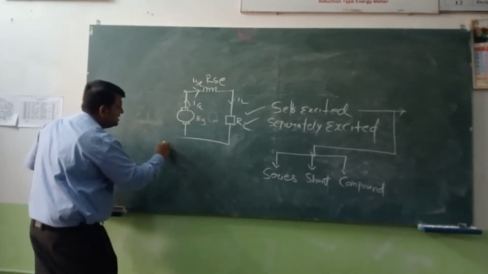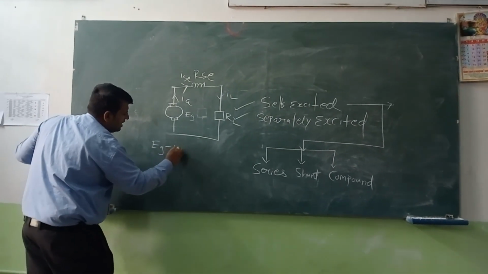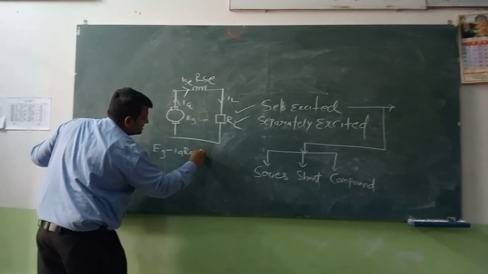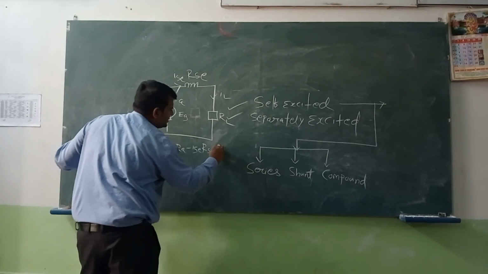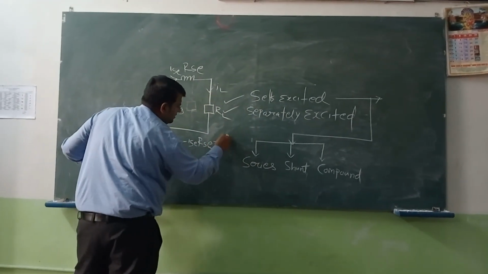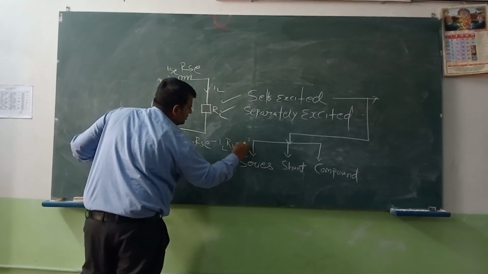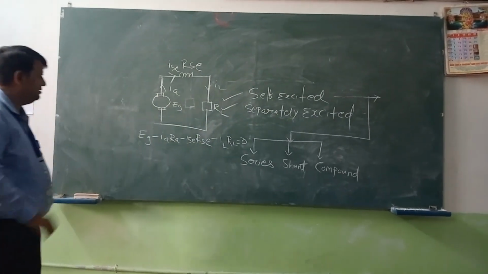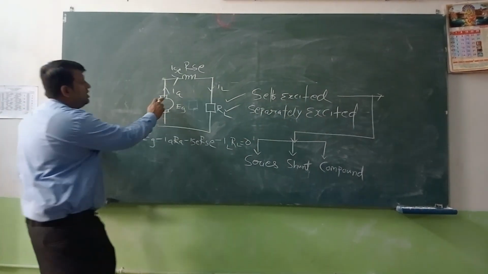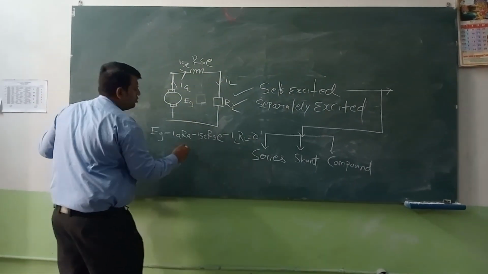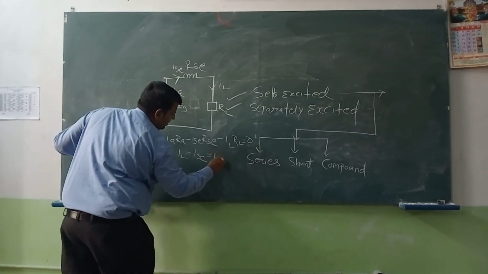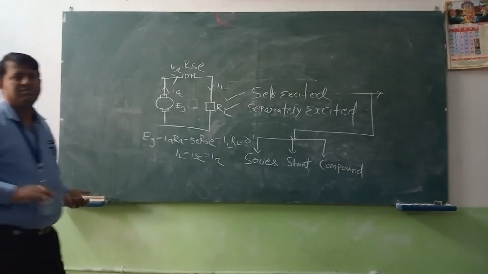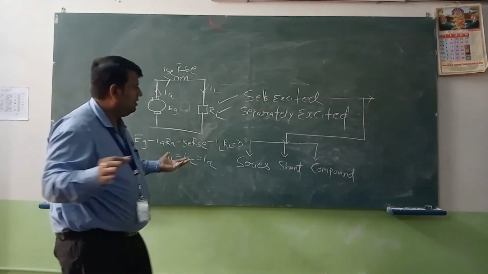So you can easily write EG minus IA RA minus ISC RSC minus IL RL equal to 0. Here IA, ISC, and IL are all the same current. Understand?